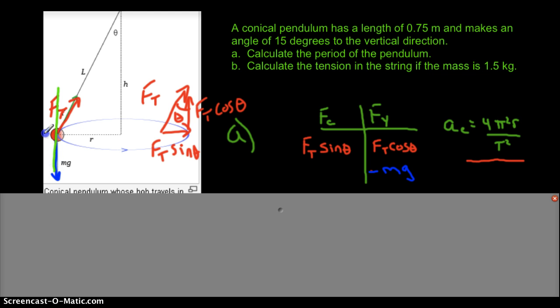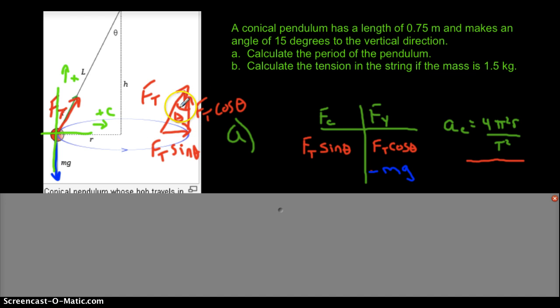So in this case, the coordinate system would be like this and like this, right? Our positive centripetal direction would be this way, and our positive perpendicular direction, or y direction in this case, would be this way. So we have to resolve this tension vector along both a centripetal and a y direction.